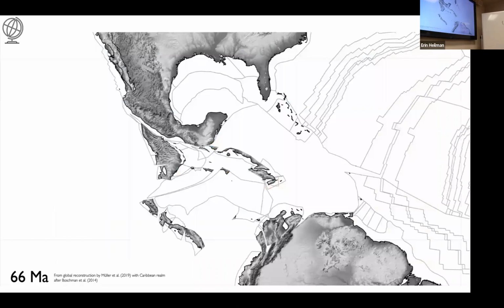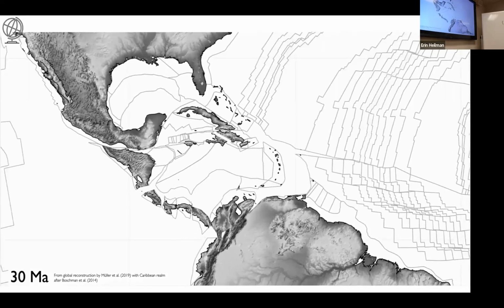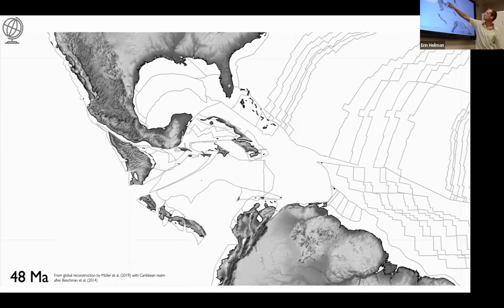So trying to understand how the Caribbean evolved, this is just a quick GPlates reconstruction showing that the Caribbean started somewhere around the Pacific or between the separating North and South America as Pangaea is breaking apart. And it's going to move to the northeast relative to North and South America. You see Cuba sutured onto the North American plate.